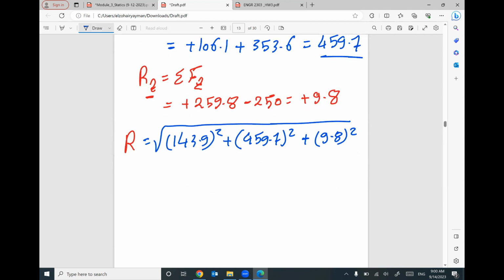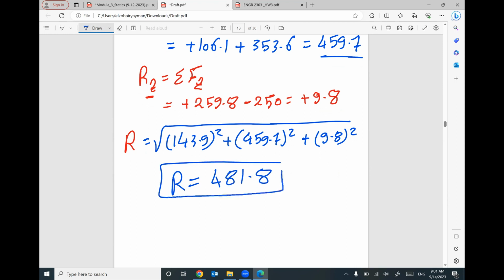Using your calculator, all of them under the square root, the value of R will be 481.8. This is the value of your resultant force.